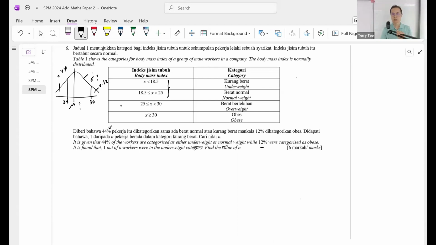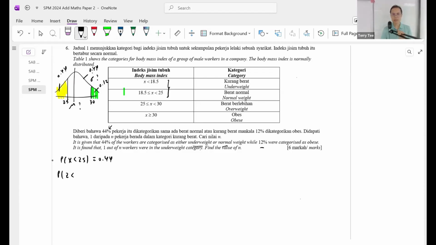Okay, so overweight, a lot of people are overweight, 44% for the overweight here. Obese is 30. Yeah, I think the question is a bit misleading sometimes. So let me just highlight for you. There are two regions you need to find. We find first the probability x less than 25. This is 0.44. Let us standardize this.